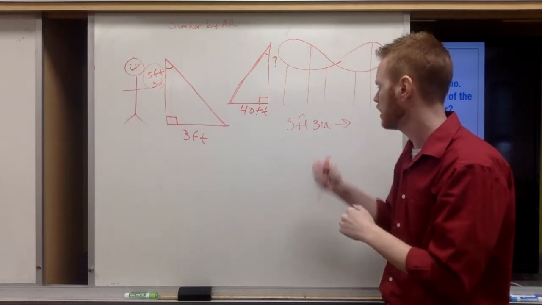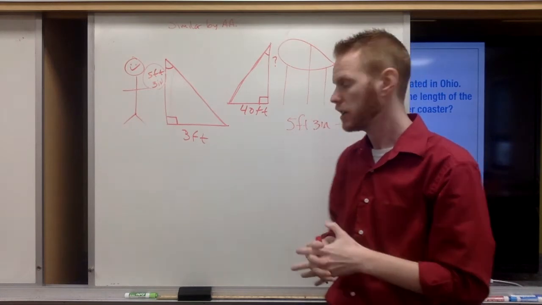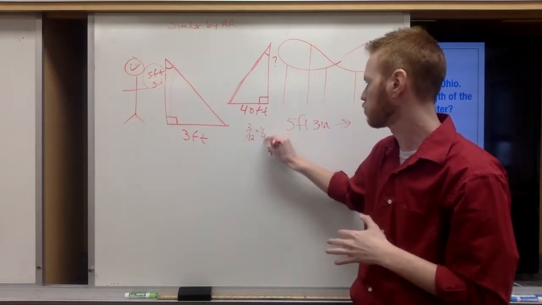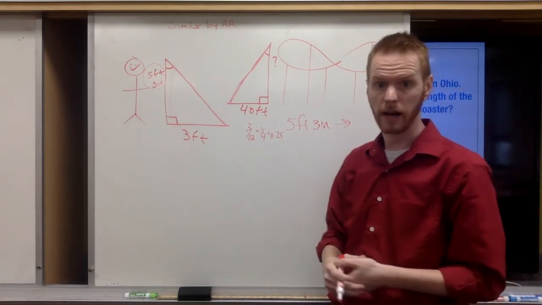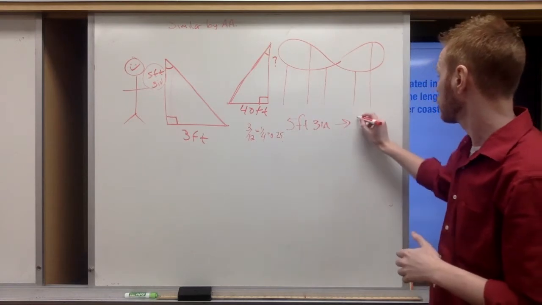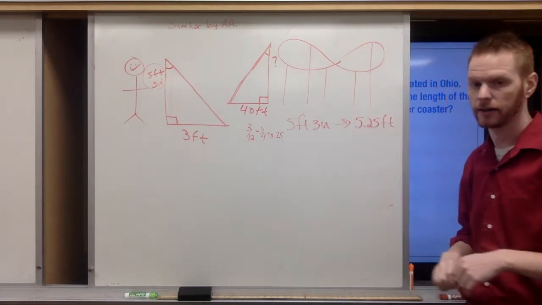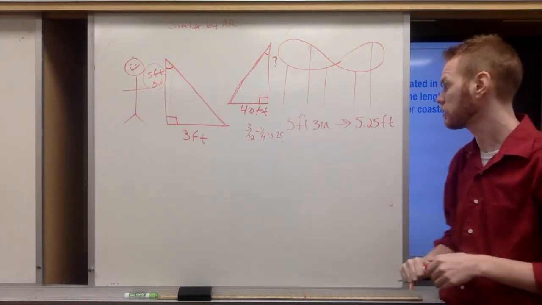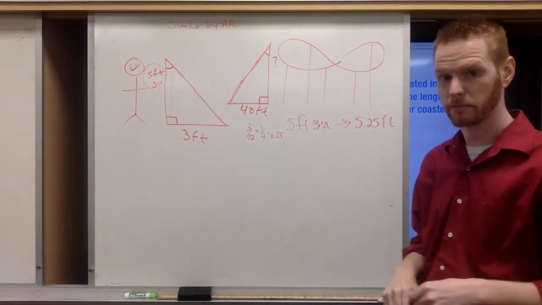Think about this. 3 inches out of 12, right? 12 inches make a foot. So 3 inches out of 12 is a quarter, right? It's 1/4. And 1/4 as a decimal is 0.25, okay, or 25 hundredths. So in other words, this comes out to be 5.25, or 5 and 25 hundredths feet would be Nick's height, okay? So I have to do that conversion first before I start setting up a proportion.